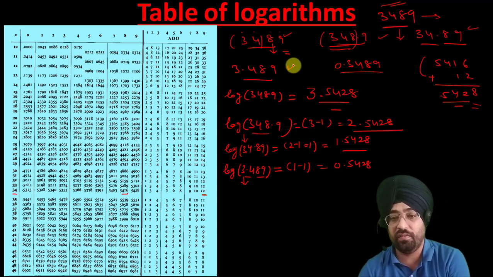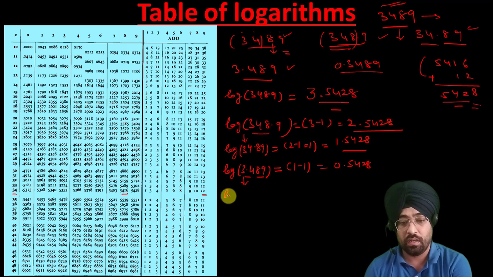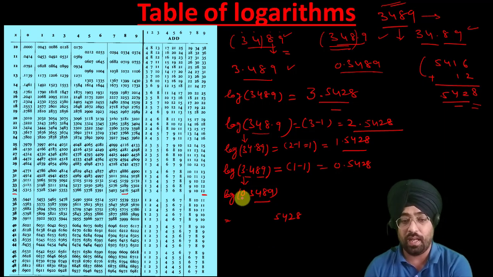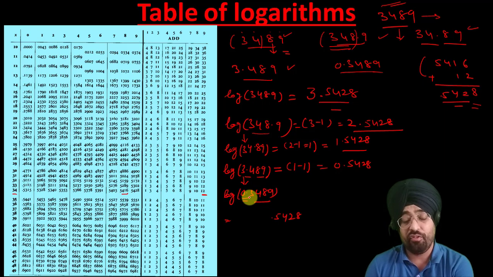Now the only one left is log 0.3489. Now its mantissa is the same, 5428. The mantissa is a positive number. But when we have to find its characteristic, now this number is less than 1.